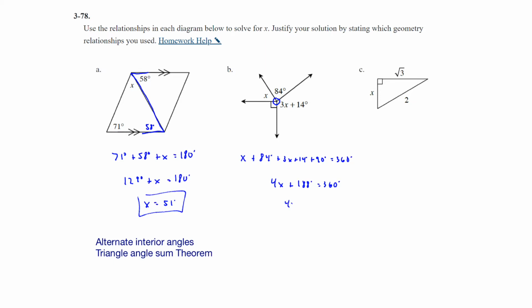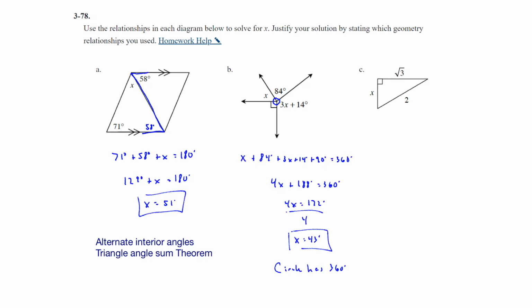Subtract 188 degrees from 360, you get 172. And then divide by 4, and x is equal to 43 degrees, and that's what we're solving for. And we know that because we know the circle has that interior of 360 degrees.